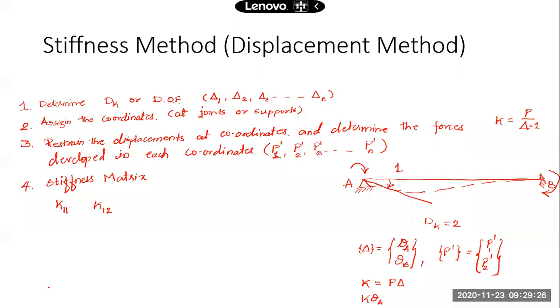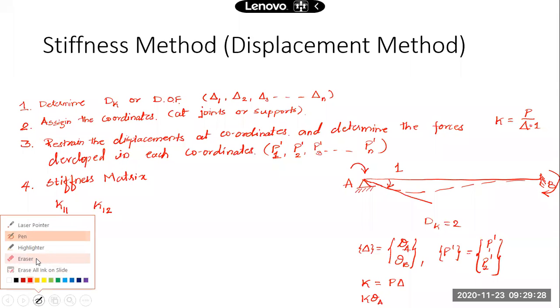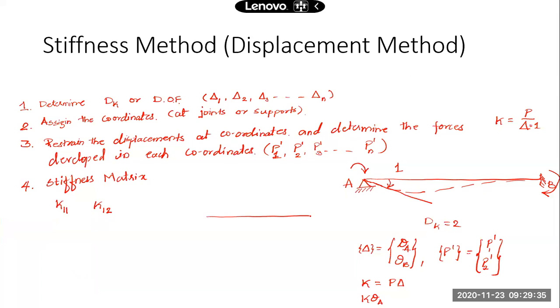So this is what I did first. Next, I'll move to the next coordinate, the second coordinate. Now I'll give unit displacement in the second coordinate only.